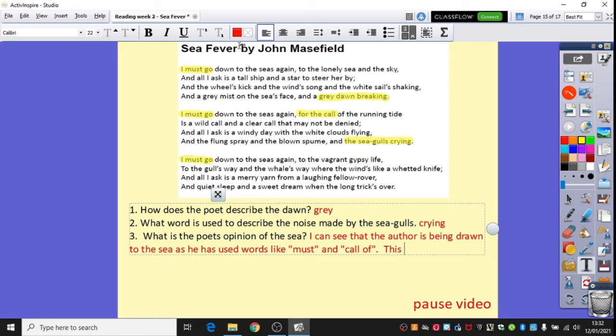I can expand on that. So what does that mean? This tells me he has a love of the sea and he can't be kept away.